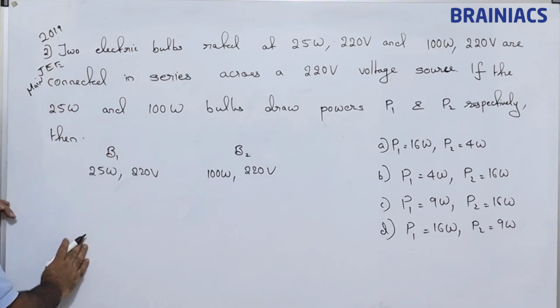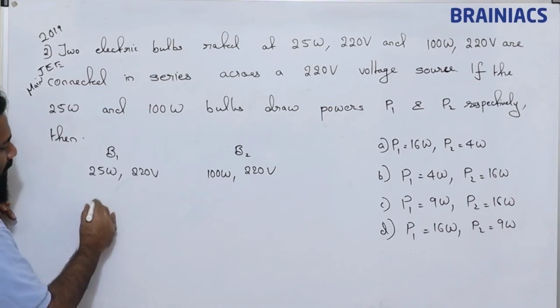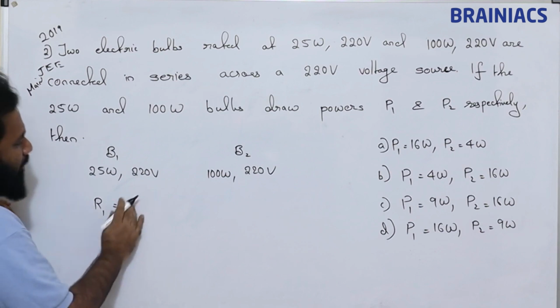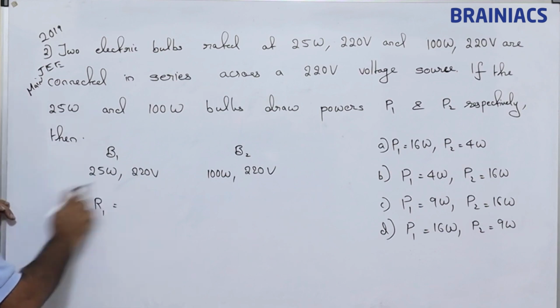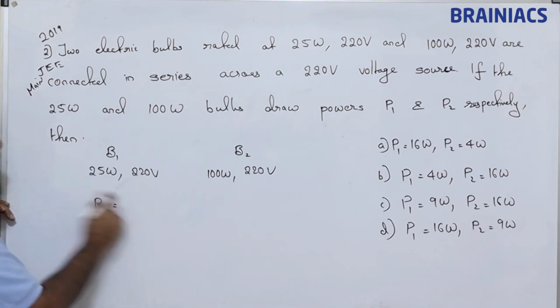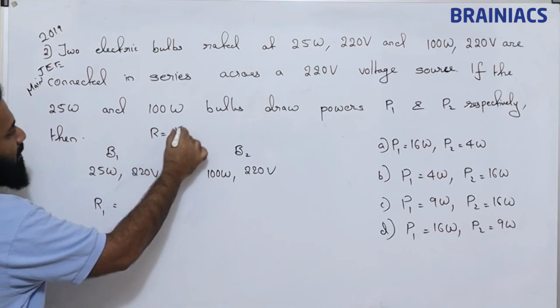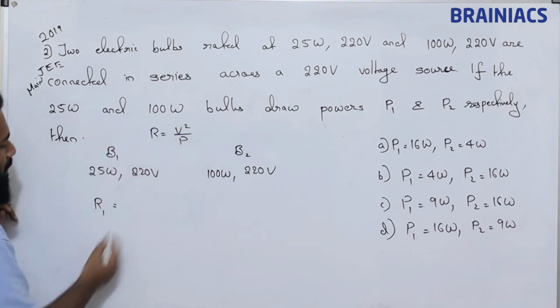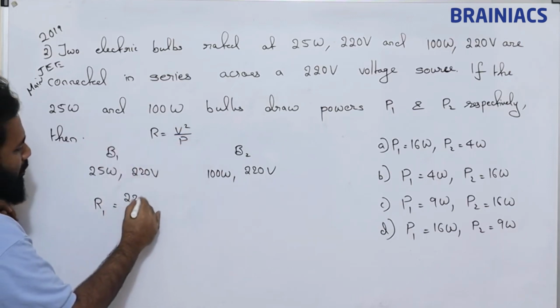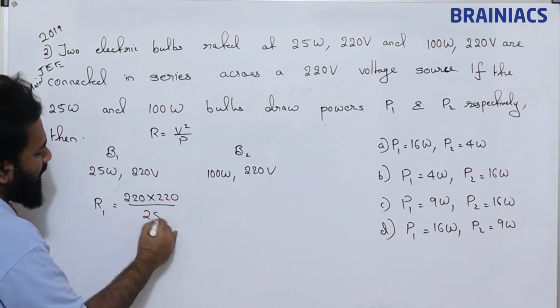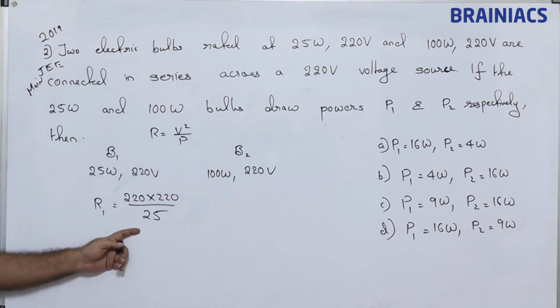We just need to find resistance R1. P is equal to V square by R, so R is equal to V square by P. V square is 220 into 220 divided by 25. So this is R1.